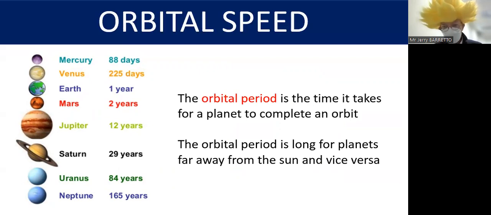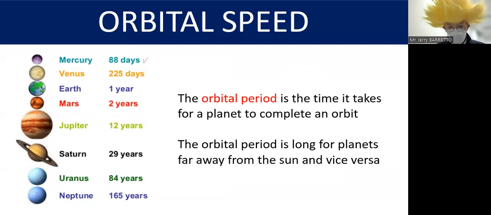The orbital period is long for planets that are far away from the sun, and this orbital period is shorter for planets that are closer to the sun. Right, so let's check that out. Mercury would be the planet closest to the sun, and that has an orbital period of 88 days. Right, so Mercury completes one complete orbit in 88 days.